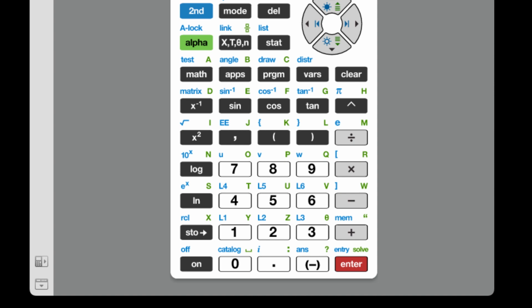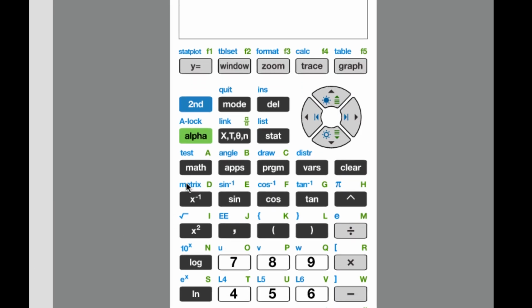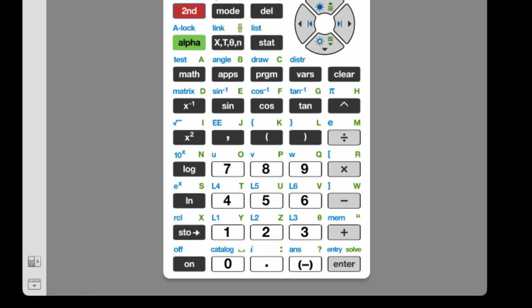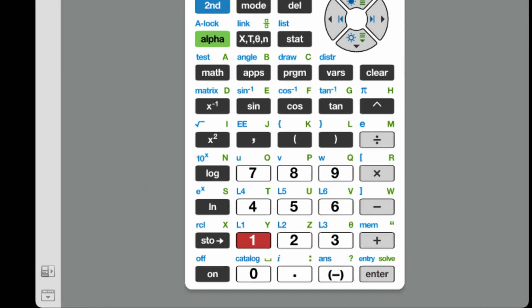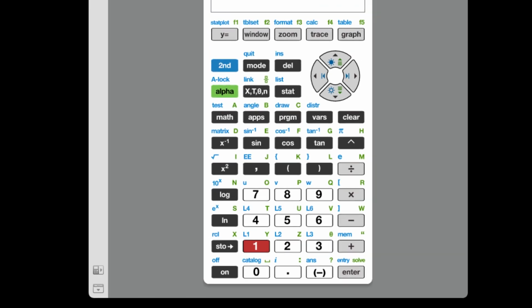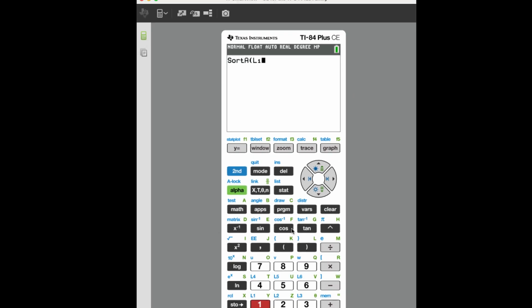So we go into the blue mode. I hit blue, second, then go down to L1. Is that right? That's right. I should have an L1 in the sort. I close the parentheses and hit enter, and it says it's done sorting. Once it's done, go back to stat, edit, edit.